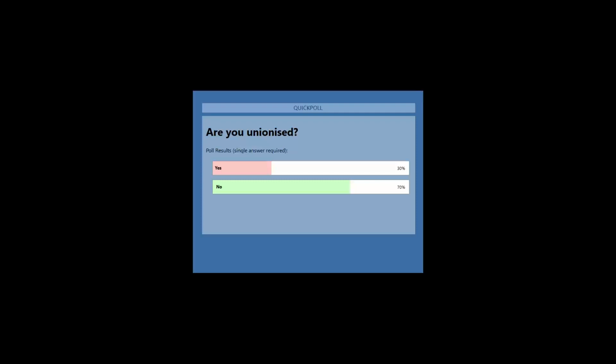I know we're getting queries about unions approaching organisations about recognition, but there's so much going on, isn't there? External factors that affect business and employees' employment. So who knows how that will unfold? But okay, so 70% of you aren't, and 30% are.